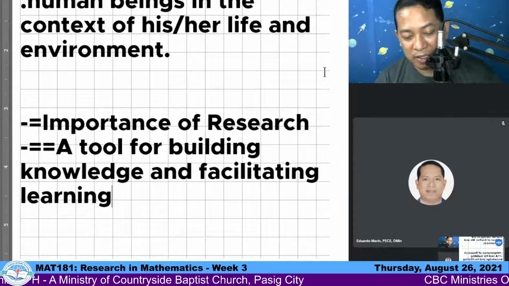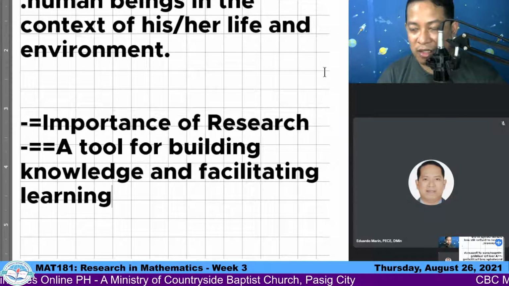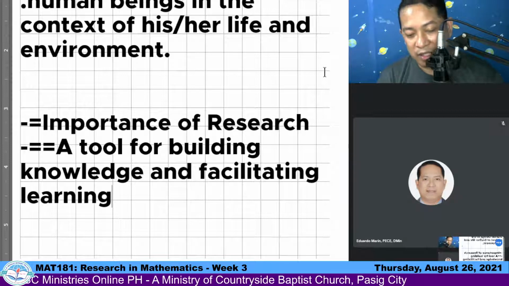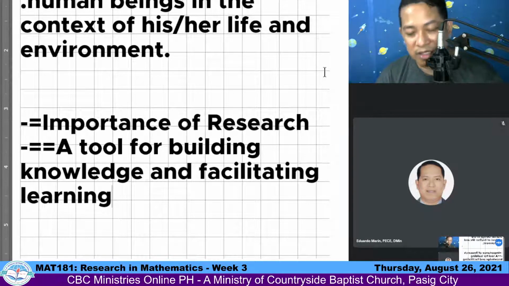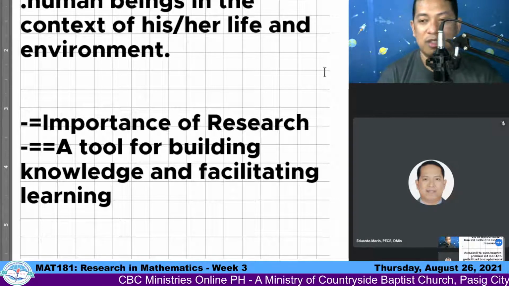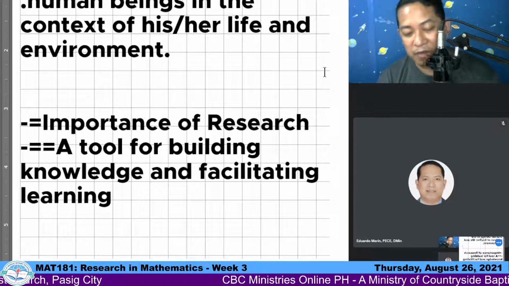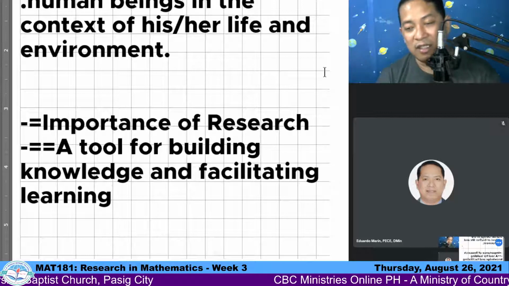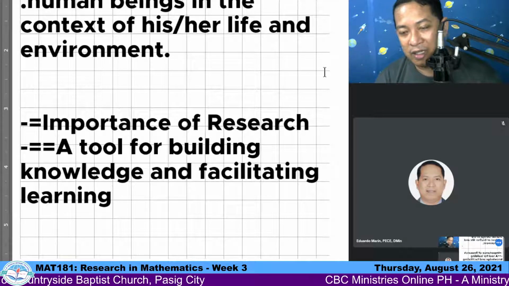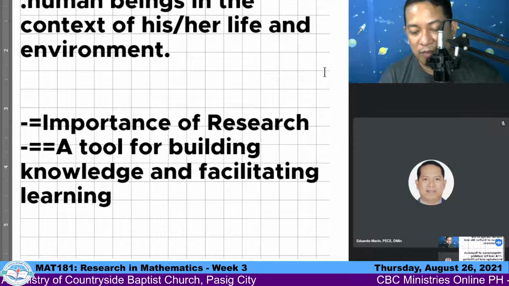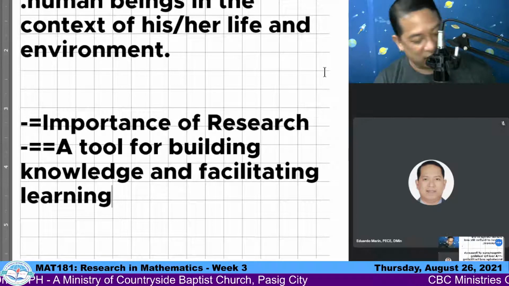Perhaps in my case, as an electronics engineer, there are best practices within our discipline, and this is based on research. Kaya karamihan ng mga companies, even in engineering firms, meron silang R&D. And perhaps one of the highly paid engineers of the firm are the R&D engineers.